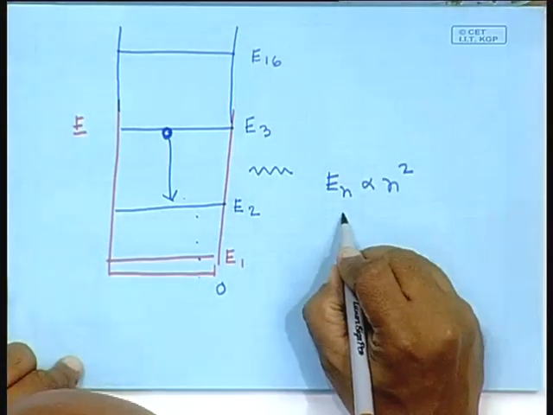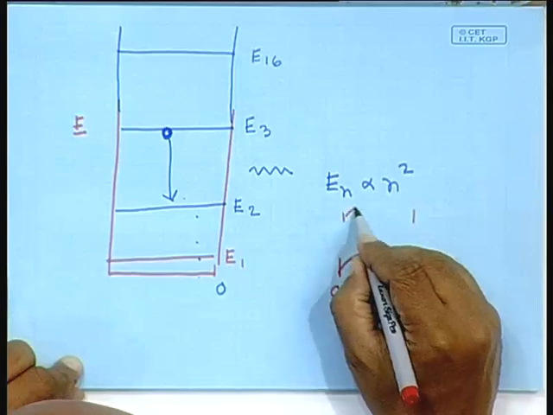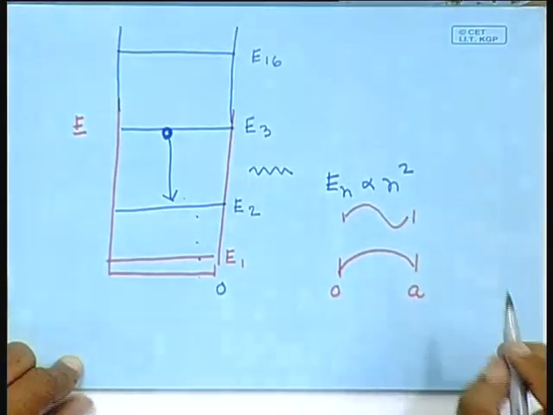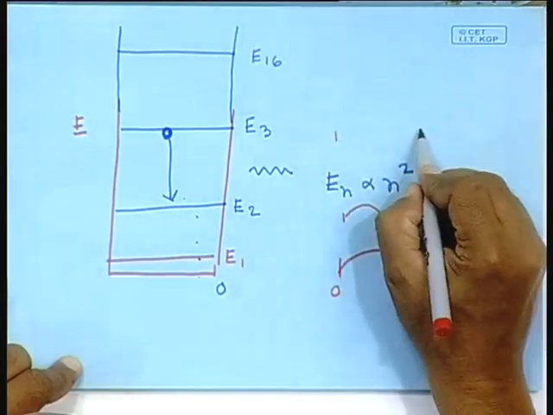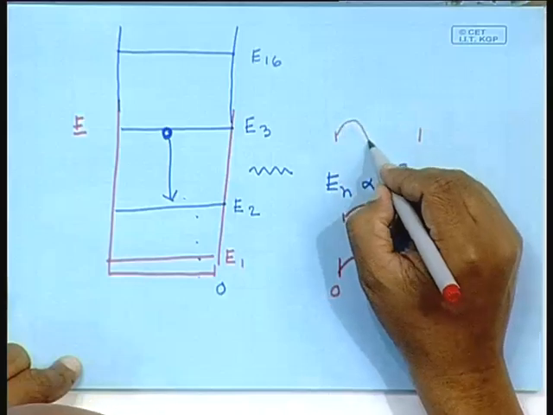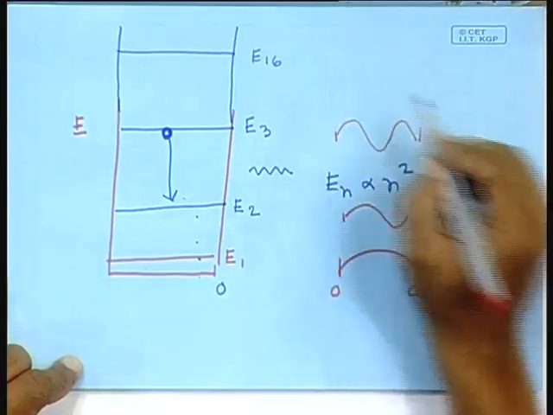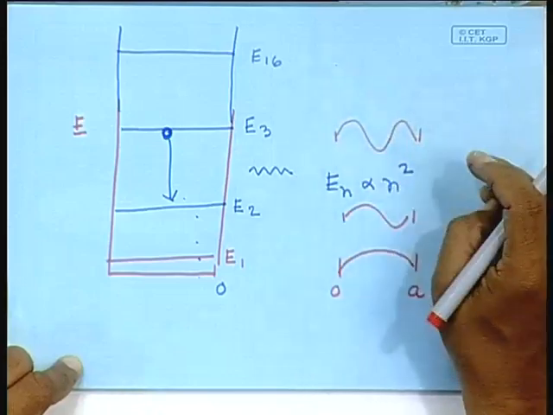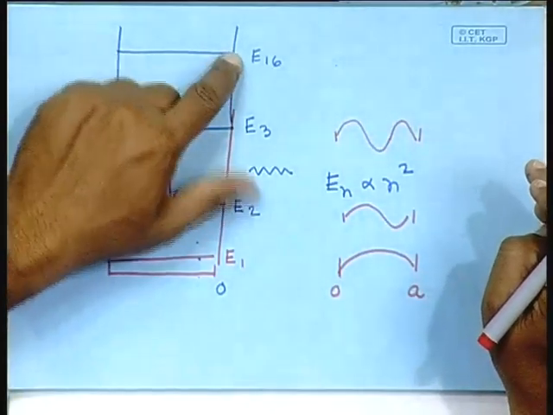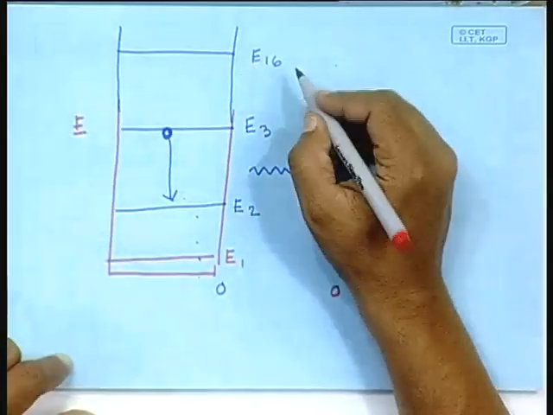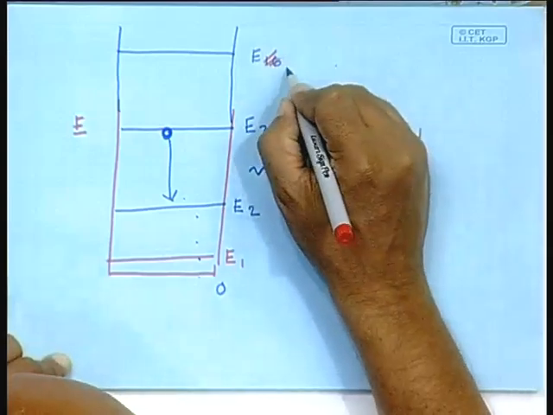The first excited state wave function is going to have one node in the middle. The second excited state wave function is going to have two nodes, is going to look like this. And similarly, the third excited state is going to have three nodes. Okay, this is not 16, sorry, this is 4.